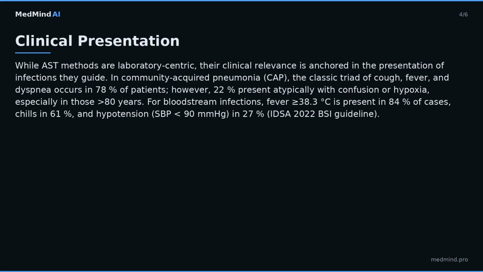Red flag signs demanding immediate action include septic shock, lactate greater than or equal to 4 millimoles per liter, meningismus in bacteremia, risk of meningitis equals 15%, and rapidly progressive necrotizing soft tissue infection, mortality equals 30-40% without surgical debridement.